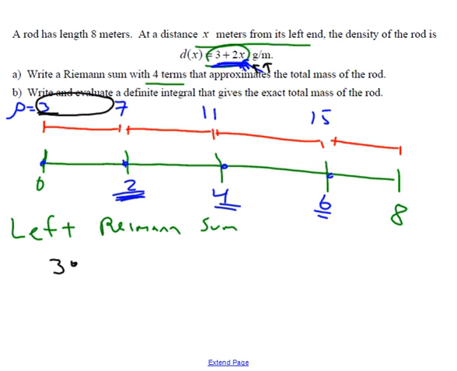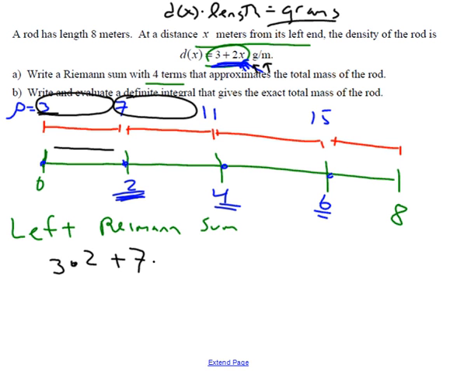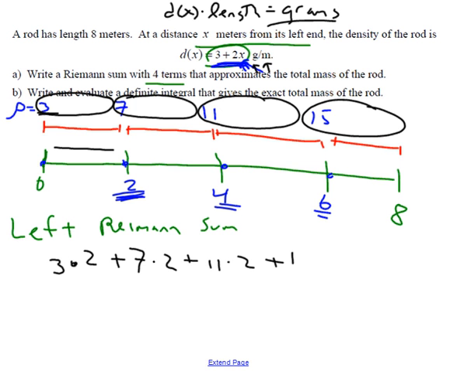So if I multiply density times length, it'll get me the mass, grams. So I do the density of 3 times, well, this is a distance of 2, plus density of 7 times 2, plus density of 11 times 2, plus density of 15 times 2.